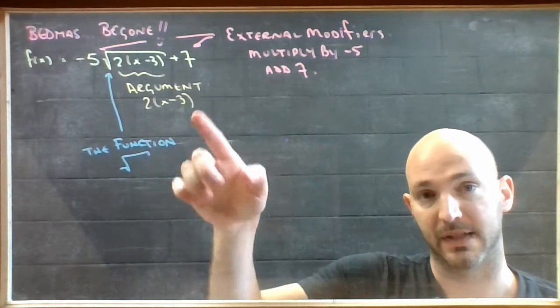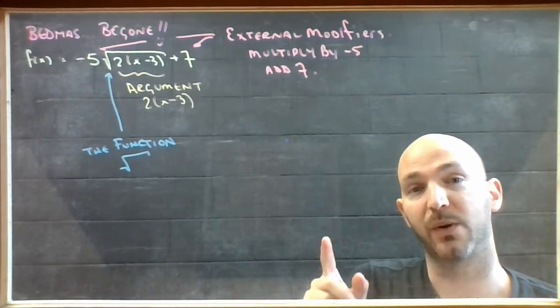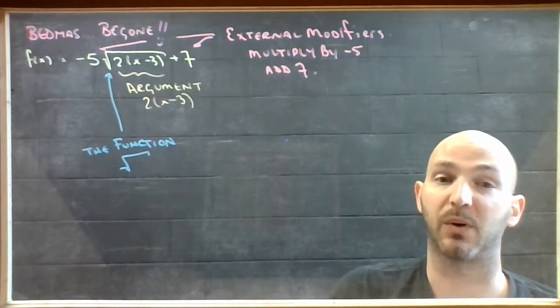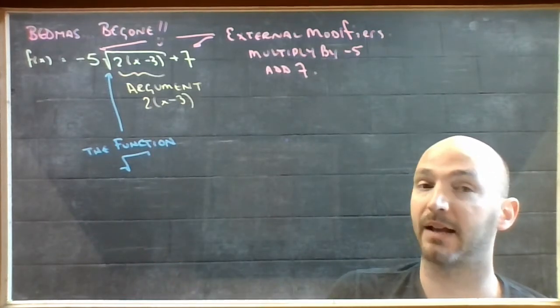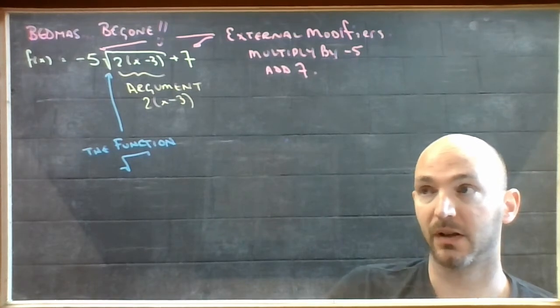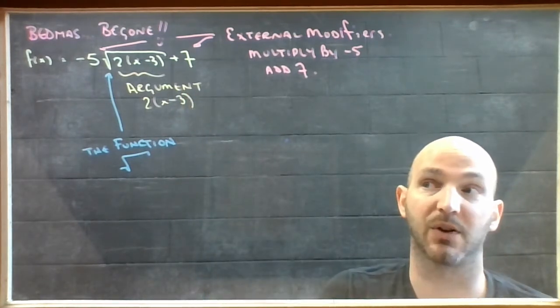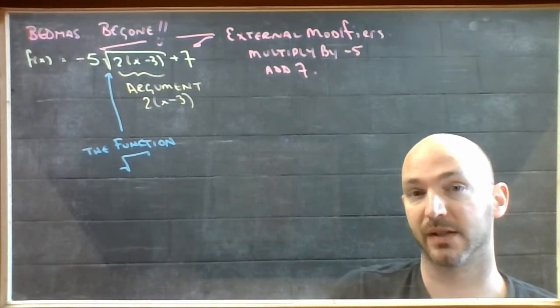The argument is the next most important thing because it's going to determine what numbers get fed into this thing. I already pointed out that radicals can't accept negatives. So the argument there, that 2x minus 3, is what determines if a number inside of here is negative.